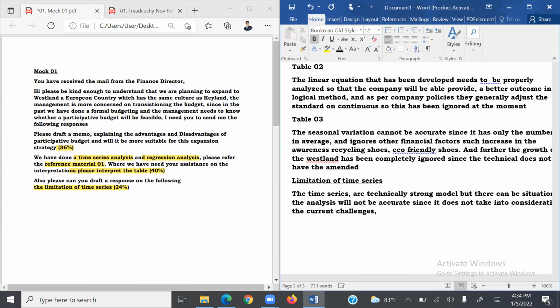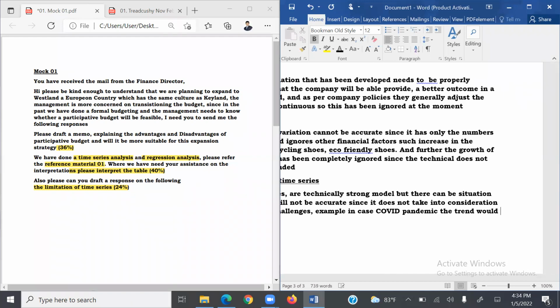Example, now I can use this example. In case of a COVID pandemic, the trend analysis would not have supported.